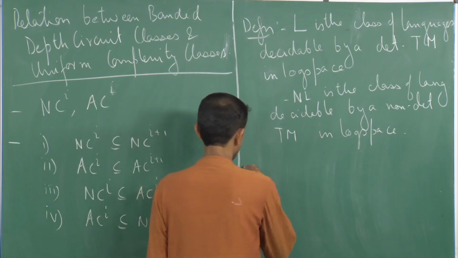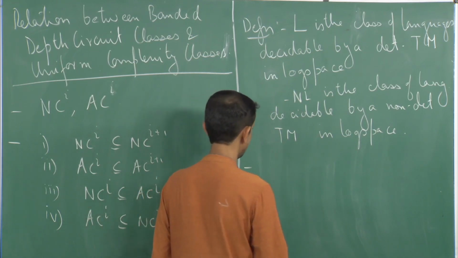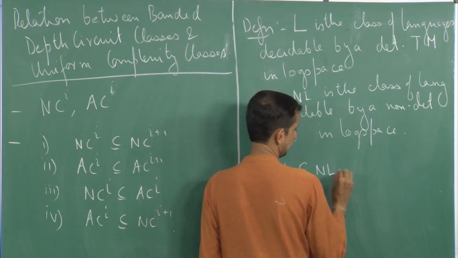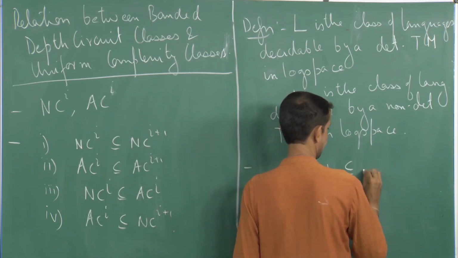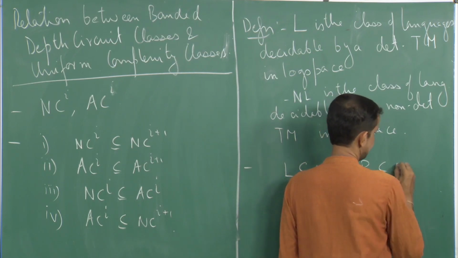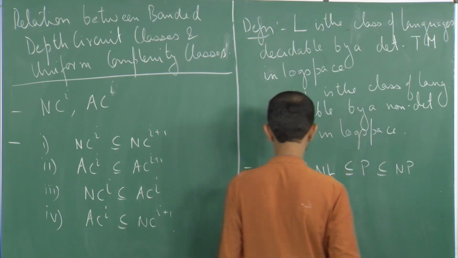Okay. And some of the known results that we have in this area are that, well, L is contained in NL, NL is contained in P, of course P is in NP. Okay.